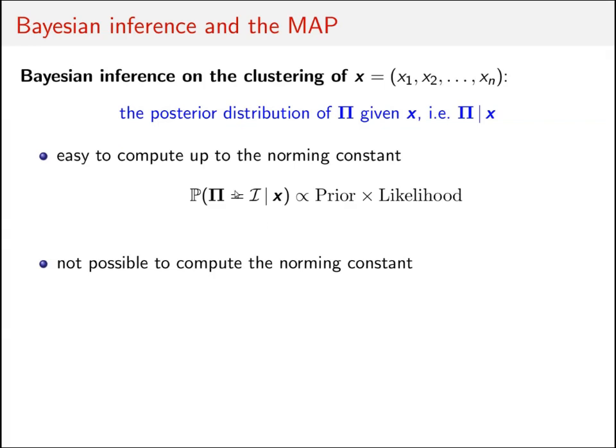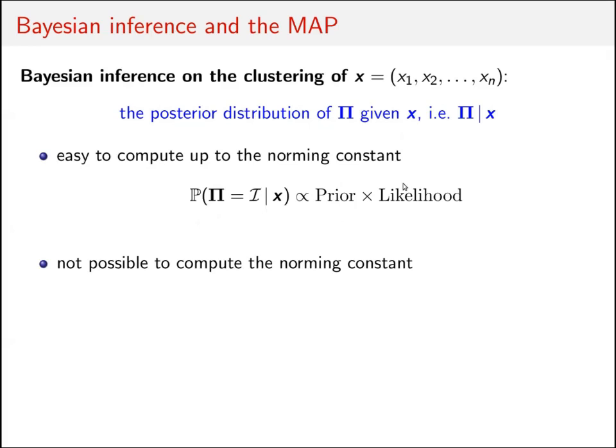Supposing that I somehow computed that, a reasonable estimator would be to choose the partition that maximizes the conditional probability. This is one computational problem less with this approach, because maximizing this expression is equivalent to maximizing that expression.